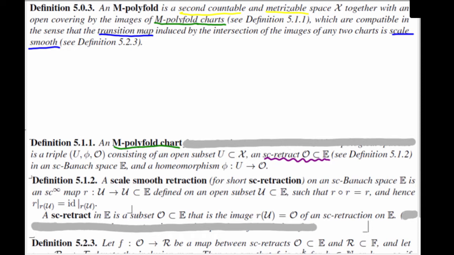So let me start to write this down. So we want X covered with some index set by these open sets U_i, which I would like to be homeomorphic via some continuous maps with continuous inverses to some local models.